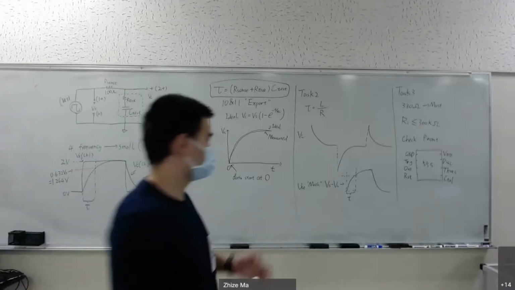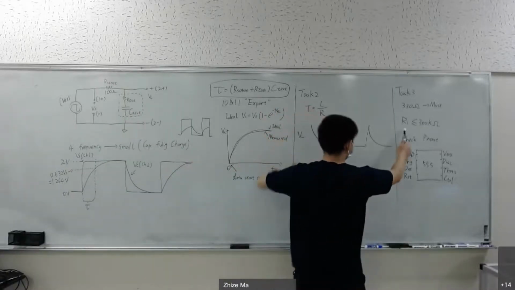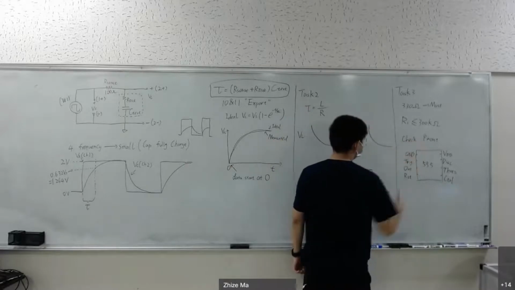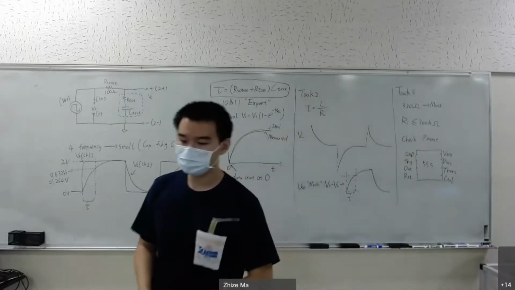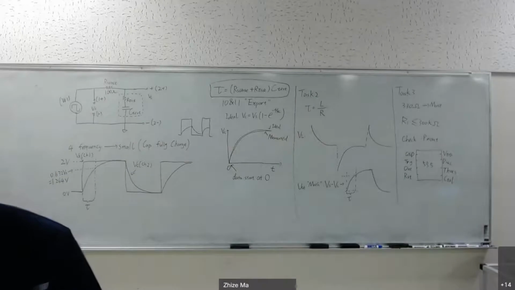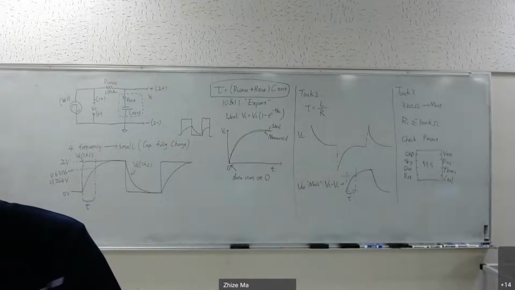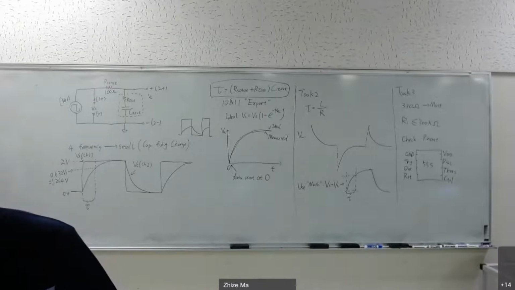My suggestion is that your R1 needs to be smaller than or equal to 300K ohm. If your R1 value is too large, I don't think you can measure the threshold voltage. So make sure your R1 value is smaller than 300K ohm.